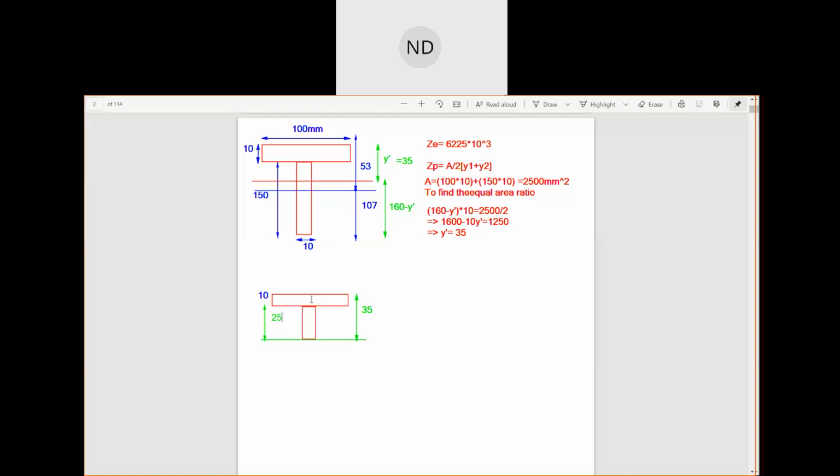Now we have to see the center of gravity of this portion for y1. Suppose y1 is the CG of this portion above the equal area axis. So the CG of this portion will be your y1 from the equal area axis. Suppose your CG is somewhere here.